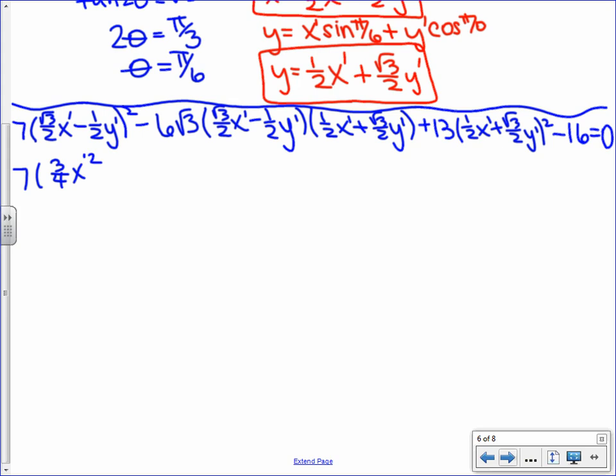What's our outside term going to be? Yeah, we're FOILing. So outside, that's negative radical 3 over 4 xy, right?